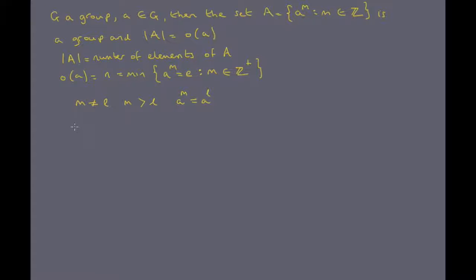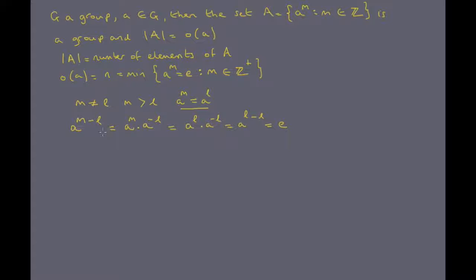So if we take a raised to the power of m minus l, we can see that this is equal to a raised to the power of m multiplied by a raised to the power of minus l. But a raised to the power of m is equal to a raised to the power of l, so we can write this as a to the power of l multiplied by a to the power of negative l equals a to the power of l minus l equals a to the 0 equals e.